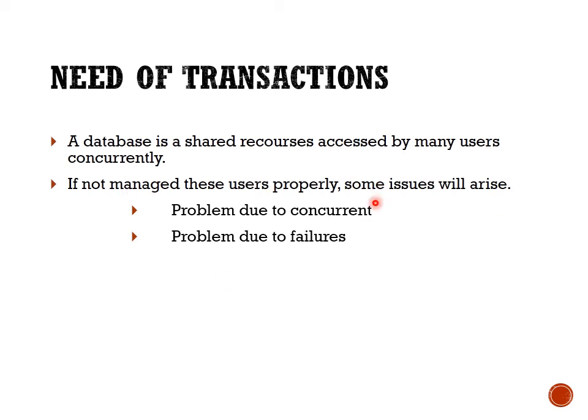The two issues are the concurrency problem and the problem due to failures. Failures means there may be system failure, software failure, or transaction failure. So in order to overcome these issues, we use some properties of transactions.